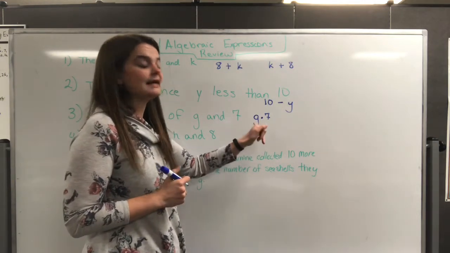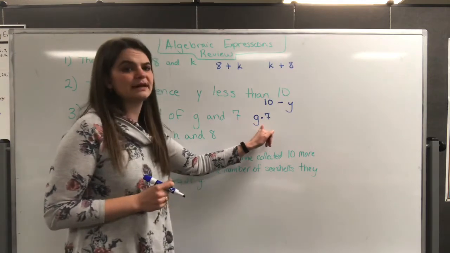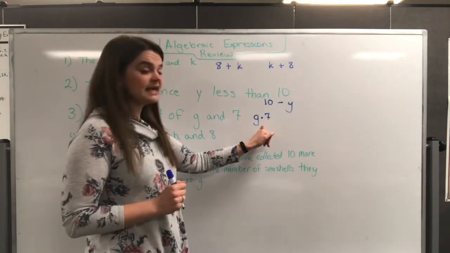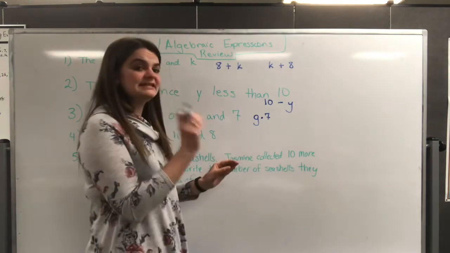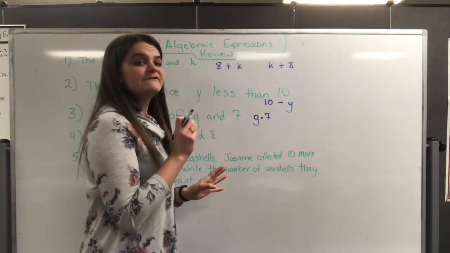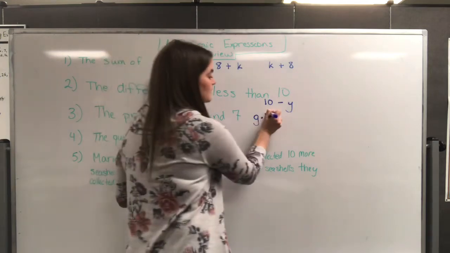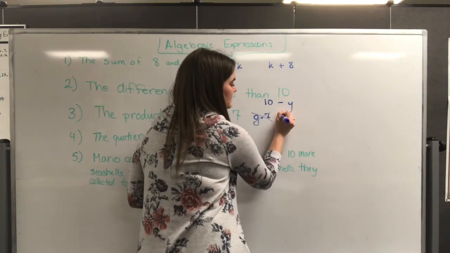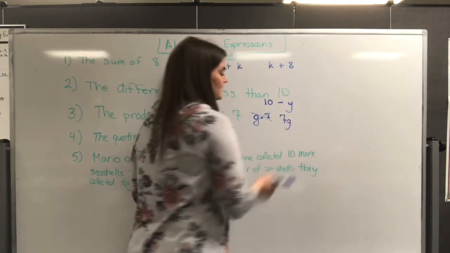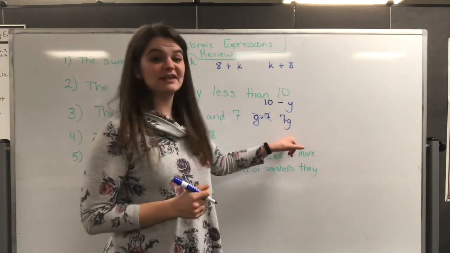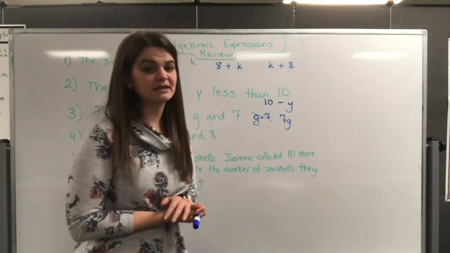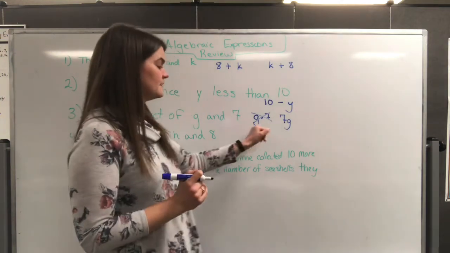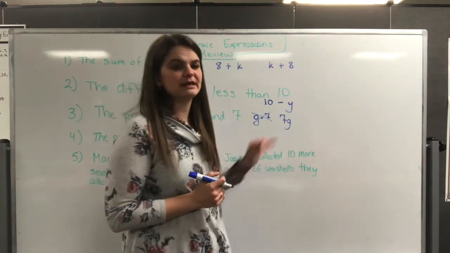With multiplication, we can just get rid of that dot, and the number comes first, followed by the variable. So instead we would write 7g. There's no symbol in there, and that's just fine. If there's no symbol, we remember that it means to multiply them. So that's as simple as we can write that algebraic expression.